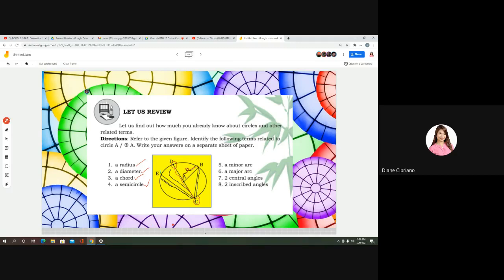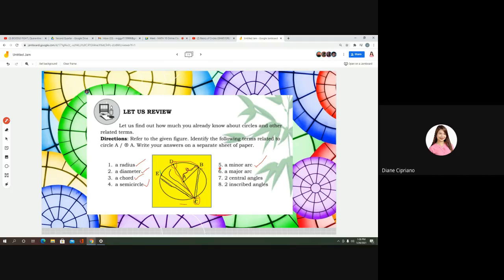So the half of a circle possibly would be B, D, and C. For our minor arc, any small arc we can call a minor arc. Look, they keep writing there. They are so happy. So we have here B, D, and if we are looking for the major arc of BD, it would be the reverse of it, such as B, E, C, and D.